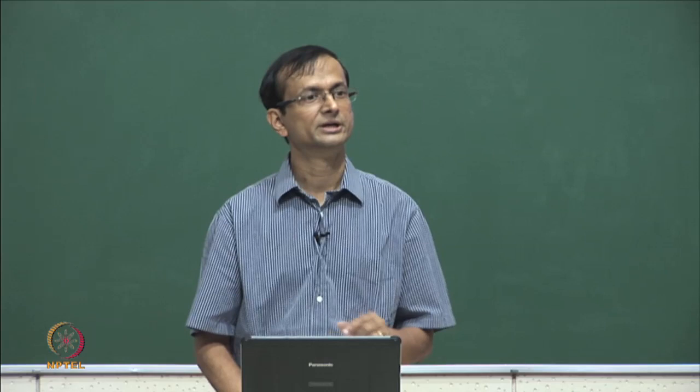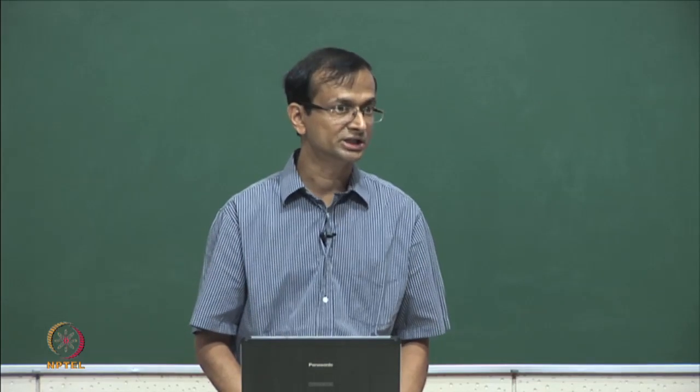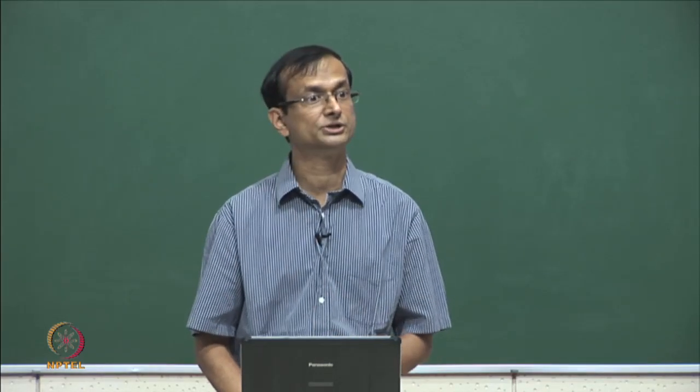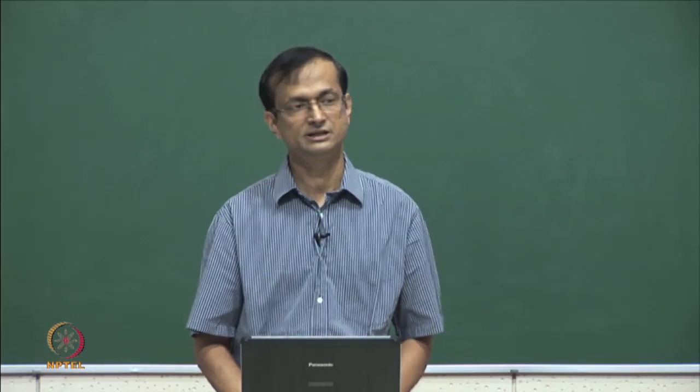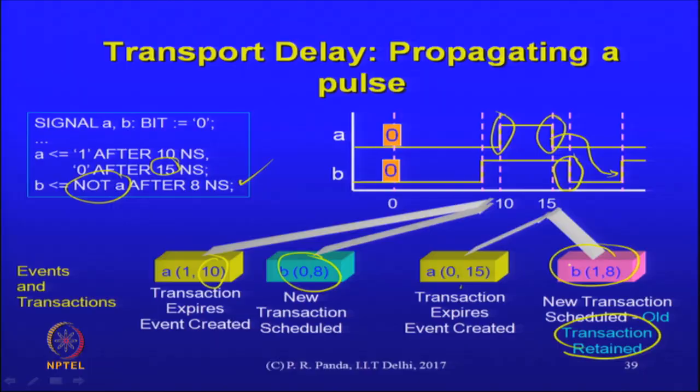So, when the new transaction is posted, in the inertial case we will first look at the queue to find whether there is a pending event already on that signal. If it is there, then we cancel the pending event. In the transport delay case, we do not bother what is there, we just go ahead and post the new value anyway. That is it. That is the very simple way to discriminate between the two kinds of delay models.